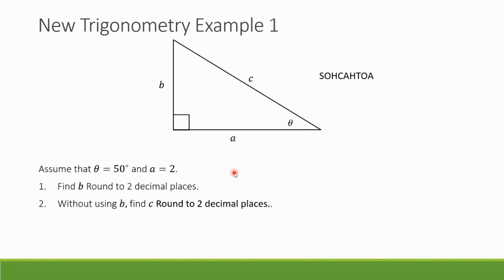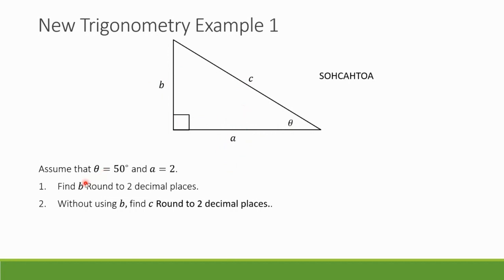We can get the length of all the other sides. We can get the length of B and the length of C. We can also find C without using B. Theoretically you can use Pythagorean theorem, but this is trig, so let's use trig functions.